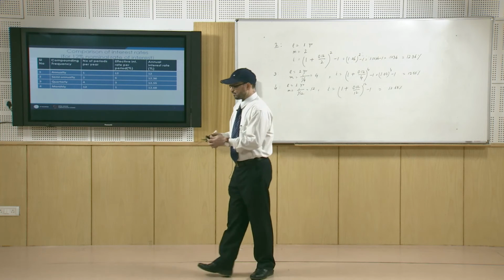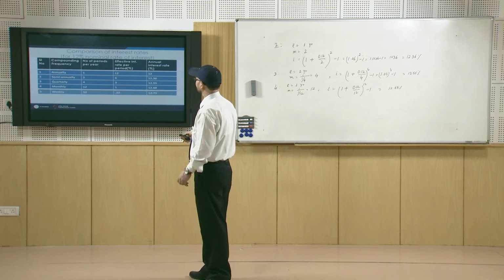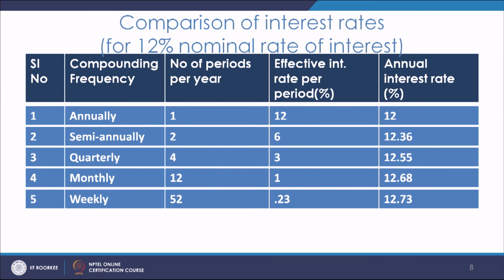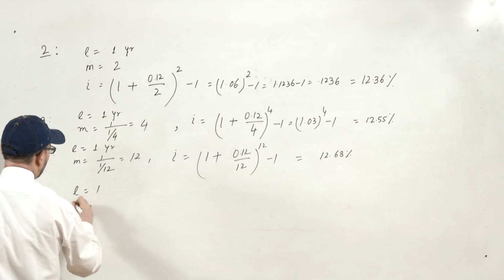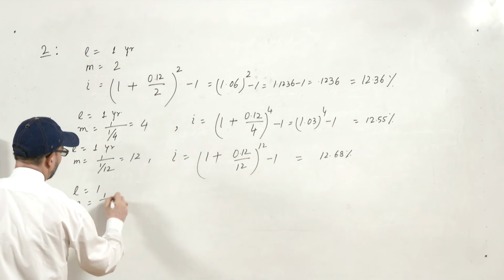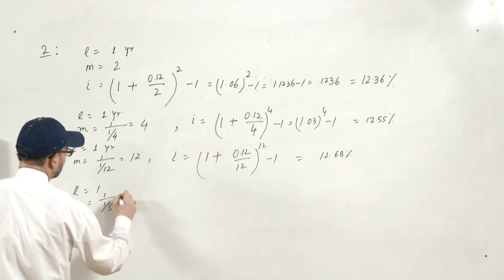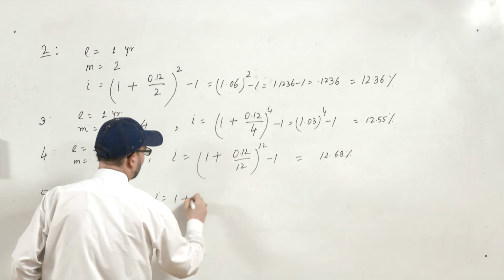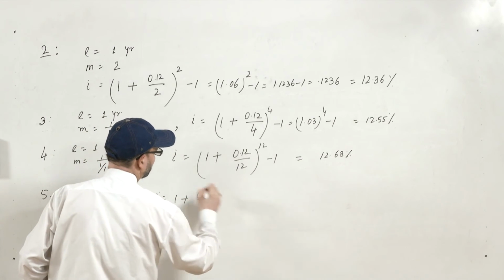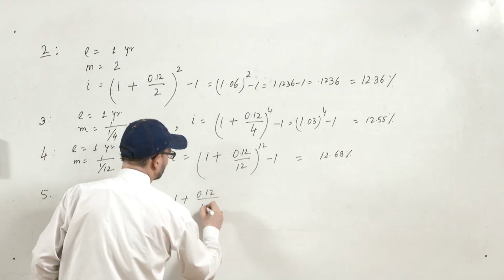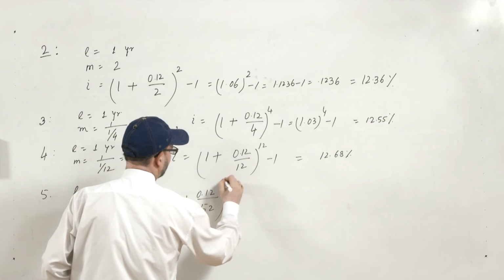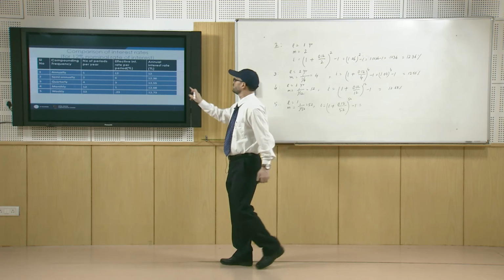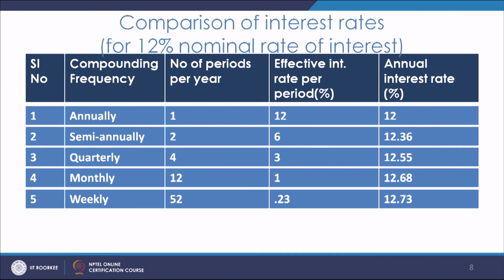In this way, if you calculate on a weekly basis, L being 1, M becomes 1/52, that is 52. So, I will be 1 plus 0.12 by 52 raised to the power 52 minus 1, and this comes out to be 12.73%.